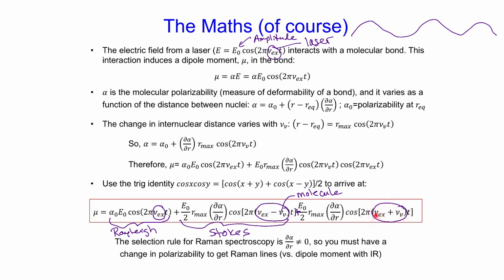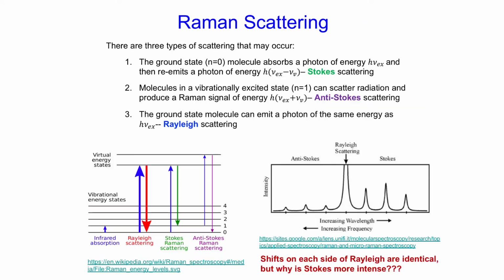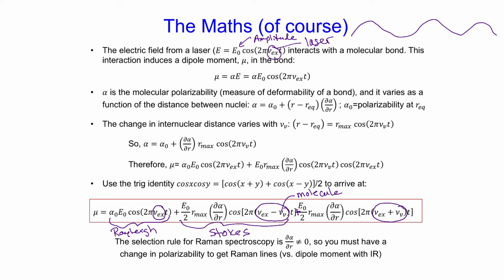If we look over here at these frequencies, we see that they're increasing from our laser input. Again, that's going to correspond to our larger arrow situation here, and that's our anti-Stokes term. So we can actually dissect this equation quite easily just by looking at your frequencies.